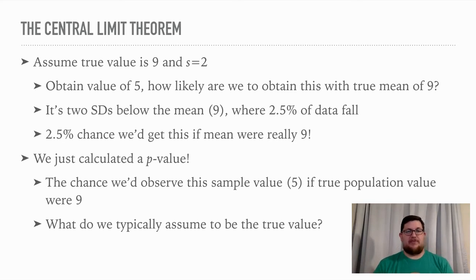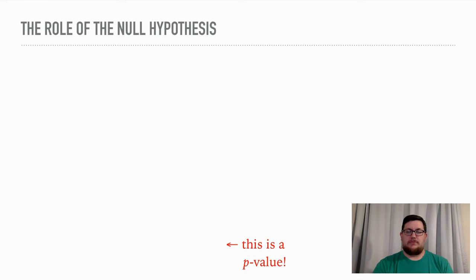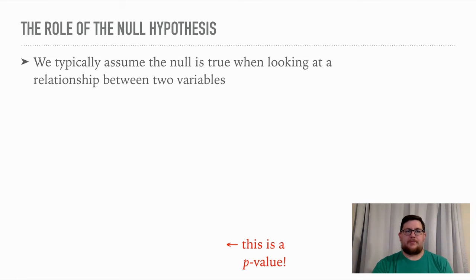We just calculated a p-value. That's it. It's the chance we'd observe this sample, 5, if the true population value were 9. Okay? So, what do we typically assume to be the true value?